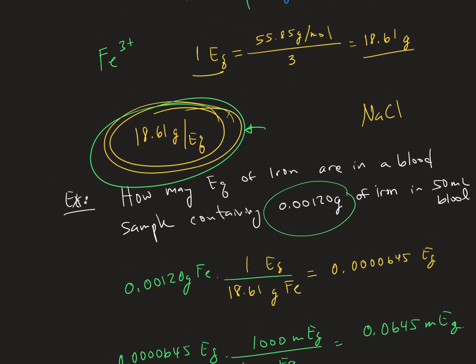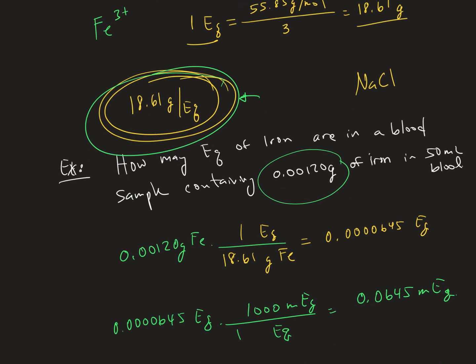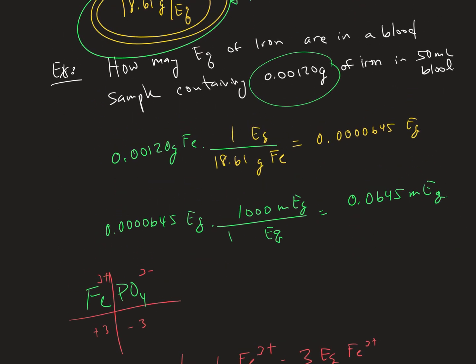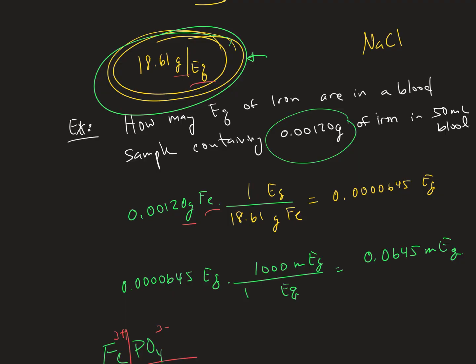Because when we started this, we had grams of iron and equivalents per gram of iron. It didn't say anything about milliliters, or anything about solution for that matter.